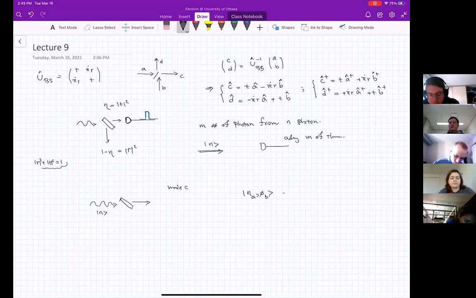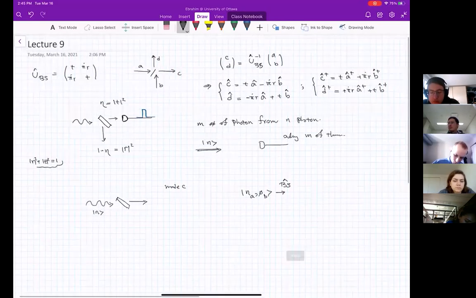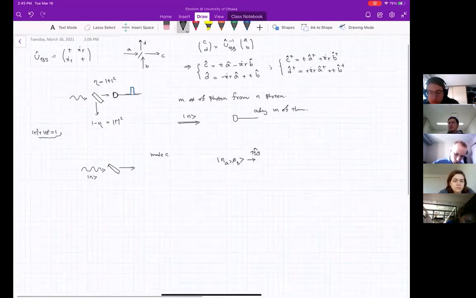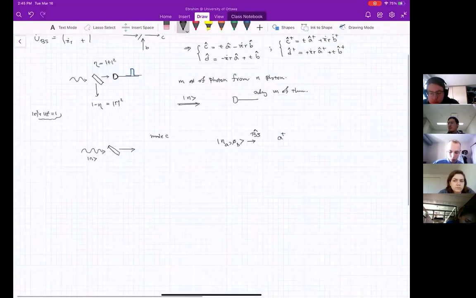And then we want to look at the action of the beam splitter on this. So n photons in mode A means that you have the creation operator to the power of n divided by square root of n factorial acting on vacuum.